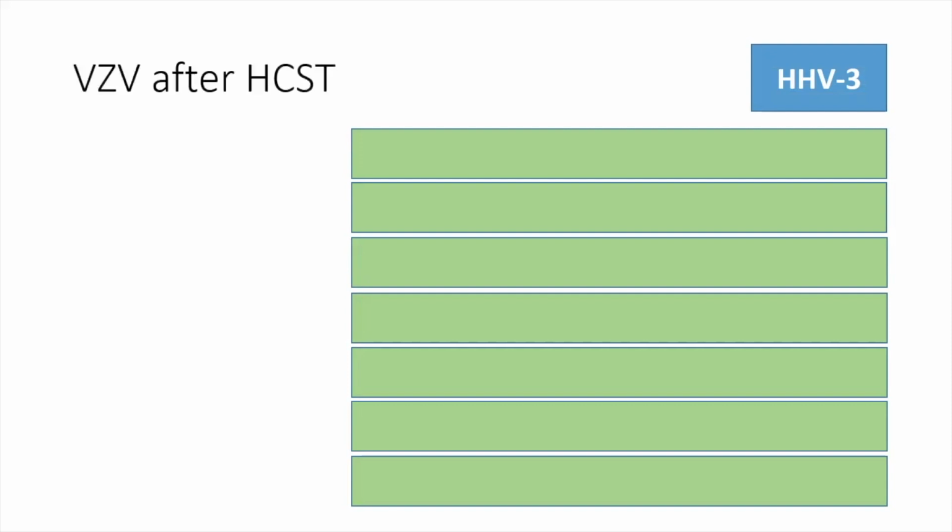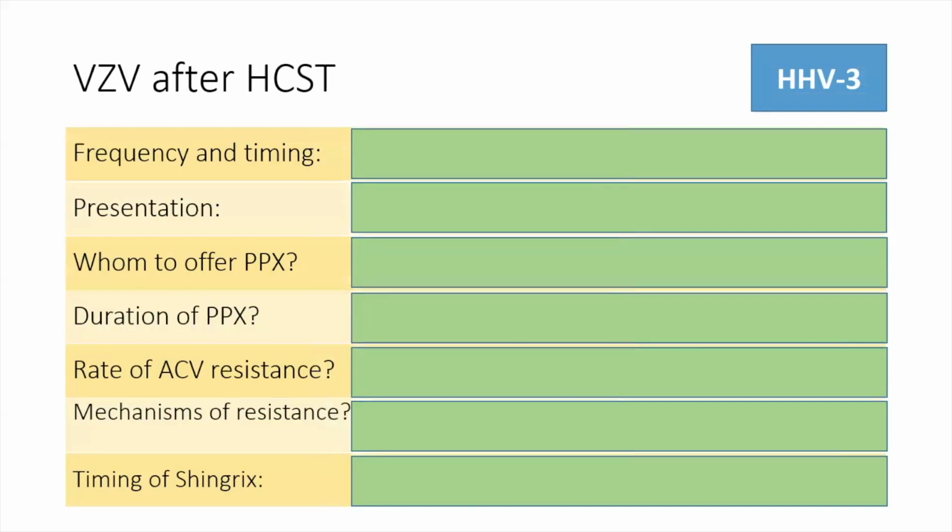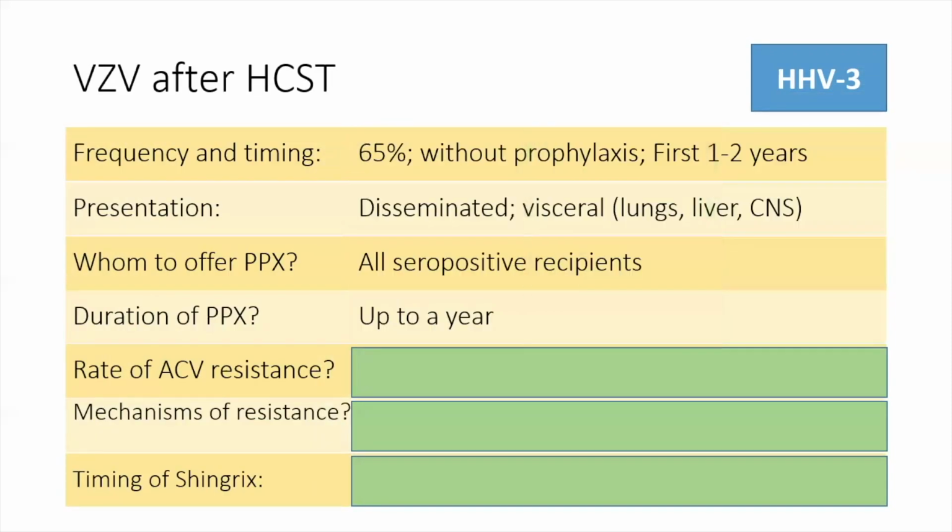Next is the human herpes virus type 3, which is also known as varicella zoster virus, of course. And going through similar headlines, the frequency of reactivation of varicella is actually high, up to 65% if you don't offer your patient prophylaxis. The presentation is normally disseminated shingles, and we offer prophylaxis to all seropositive recipients, just like herpes simplex.